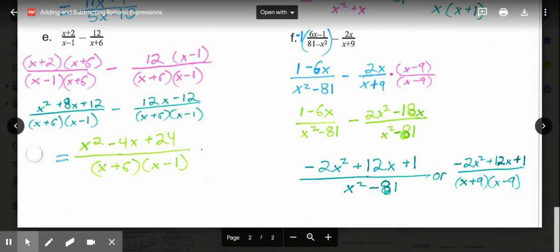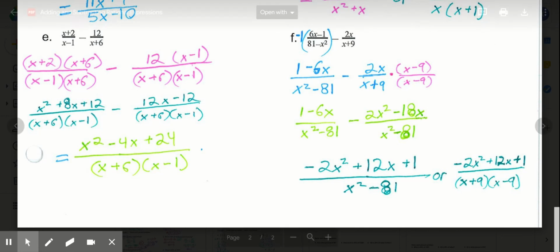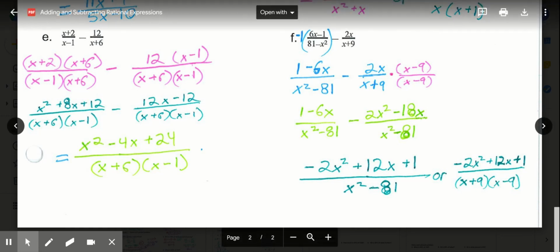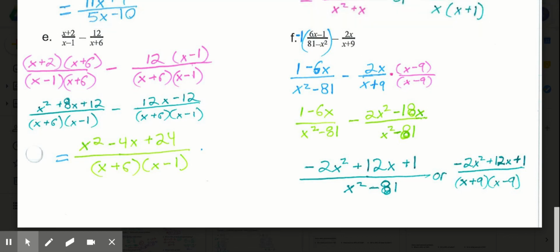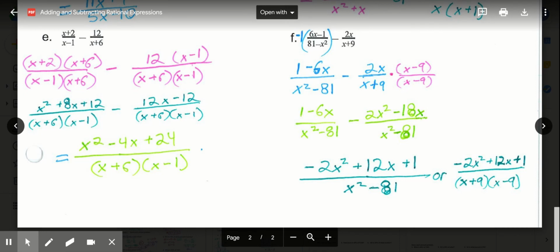And then in F, we have 6x minus 1 times 81 minus x squared minus 2x over x plus 9. Now on the left, I never like it where it's the number minus the variable, especially when the other fraction's set up with the variable first.